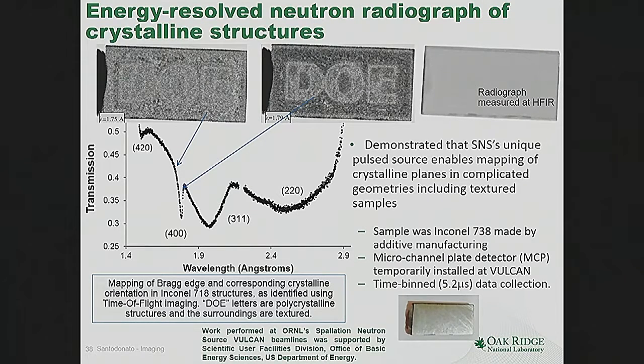Well, what they've done, when they built this up, they were able to control grain orientation to some extent, so that some regions of this were textured, and in other regions the crystallites were randomly oriented. And that shows up with time-resolved neutron imaging because of the scattering effect.